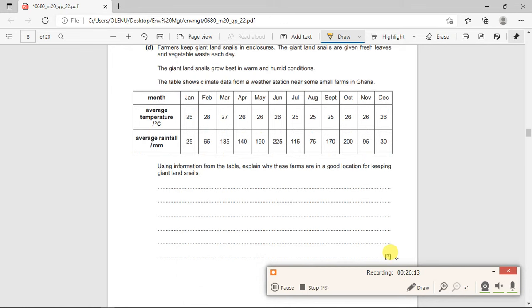Next, they say farmers keep giant land snail in enclosures.